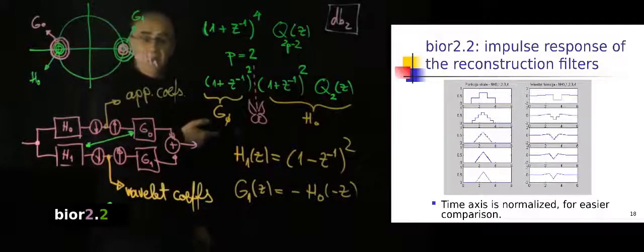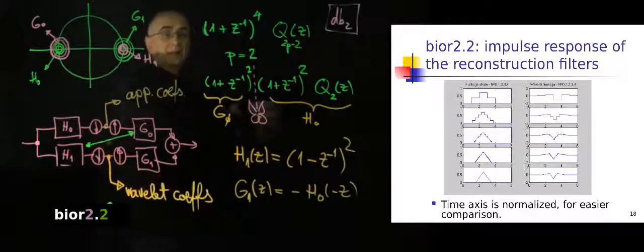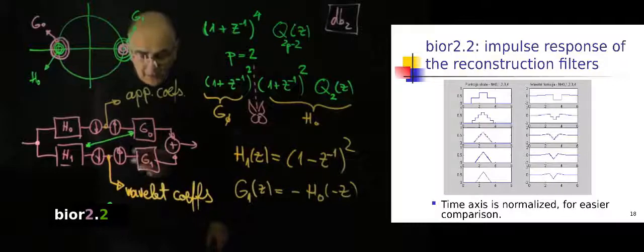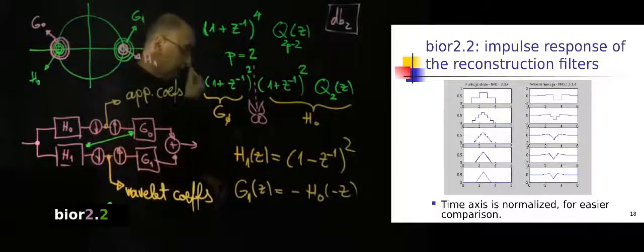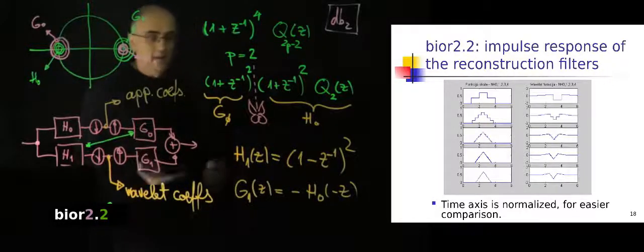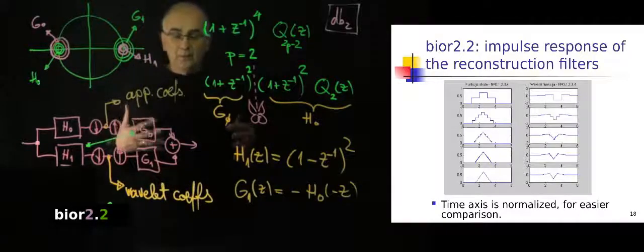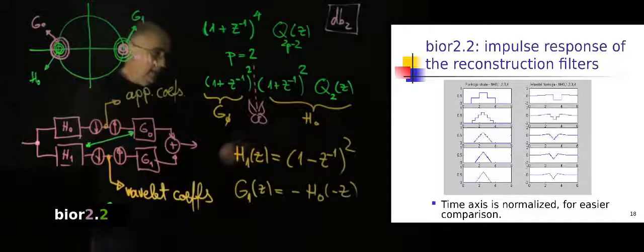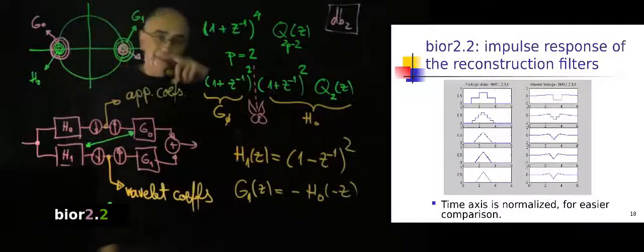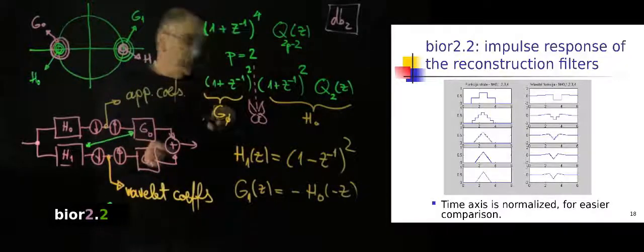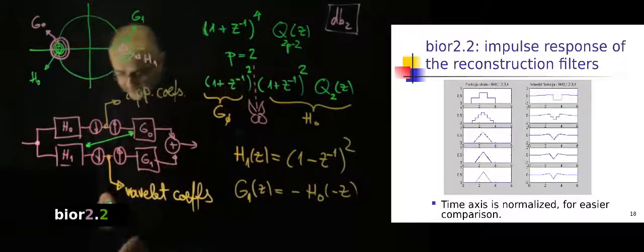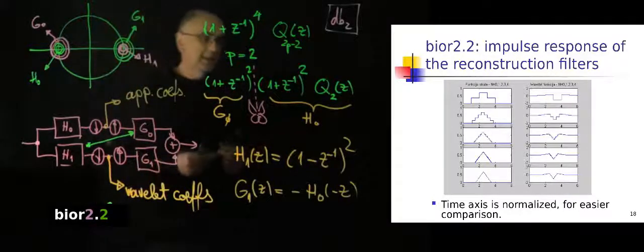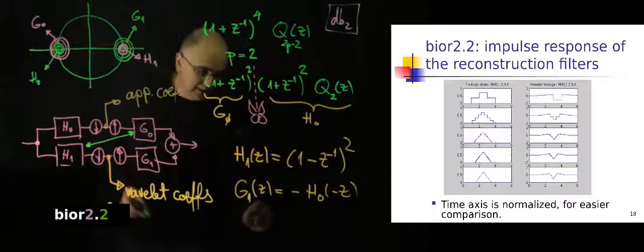And what happens actually to the wavelet function, I mean the reconstruction one? Oh, it's nice as well. It's a product of nice functions, and it has a very nice shape, something like that.